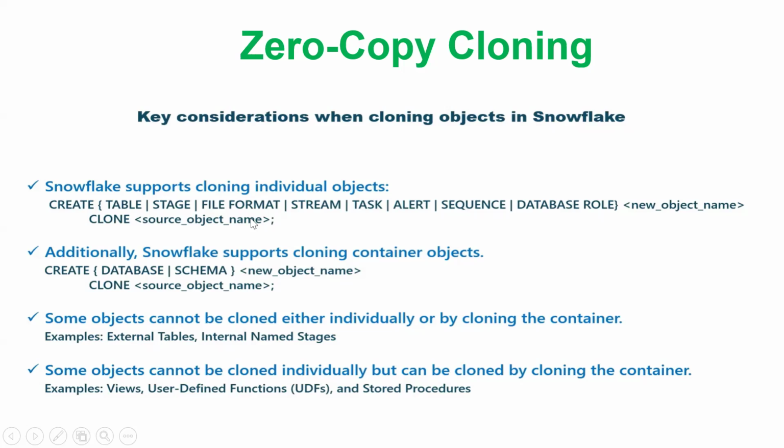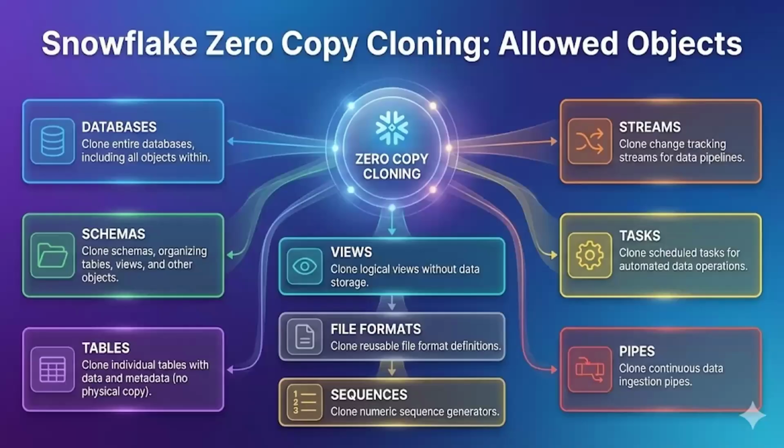So that is how you can create a clone table. Create table customer clone customer means a customer clone table will be created by using the customer table data. I can even clone the entire schema. When you clone the entire schema, all the tables and objects of that particular schema will be cloned. If I clone the entire database, all the schemas of the database will be cloned. That is how you need to understand.